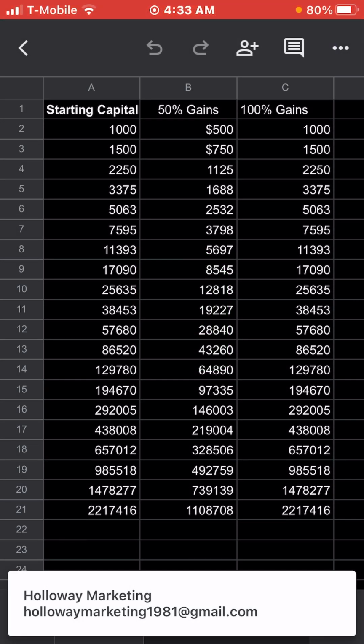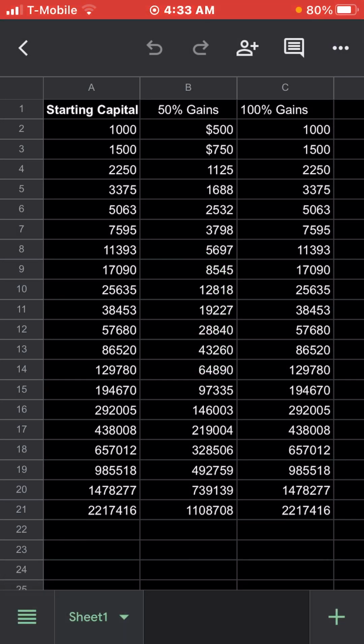If you were to focus on getting 50%, it takes just a small amount of money. If you got 50% by trading MicroStrategy or another similar stock that can have that kind of volume, let's say you started with 1,000 and you got 50% of that, you would make 500.